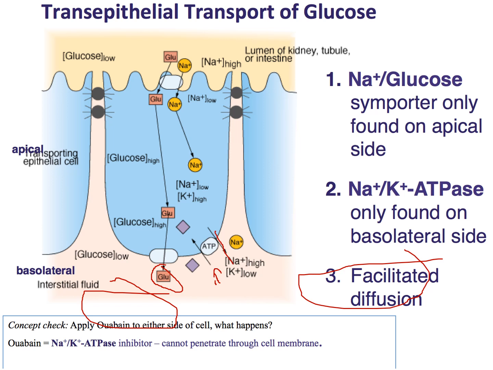There's an inhibitor of this ATPase, ouabain, and if you add ouabain here, no effect. If you add ouabain to this side, it inhibits this whole process, and that will slow down glucose coming in. Just poison, ouabain, because you don't start getting glucose in. You need glucose for the Krebs cycle and whatnot.